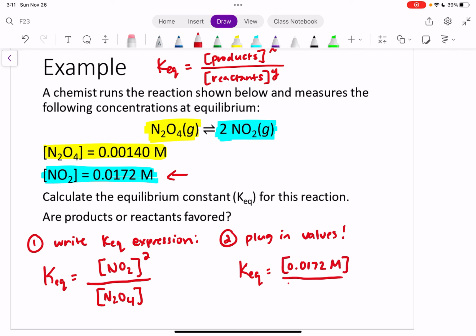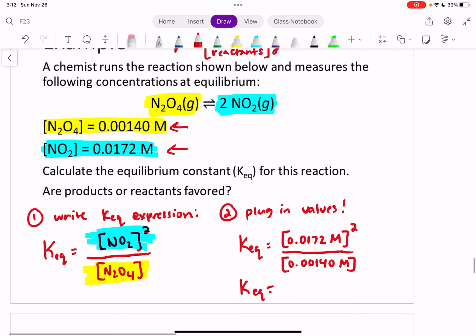And then what's our concentration for N2O4? Yeah, 0.00140 molar, right? Just taking those concentrations up here and plugging them into the correct spots on our equilibrium constant expression. Okay, so we have to get a number out of that.